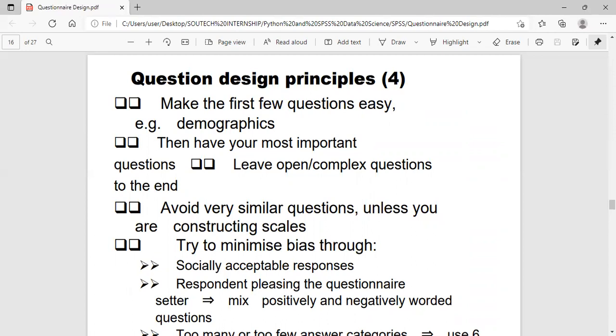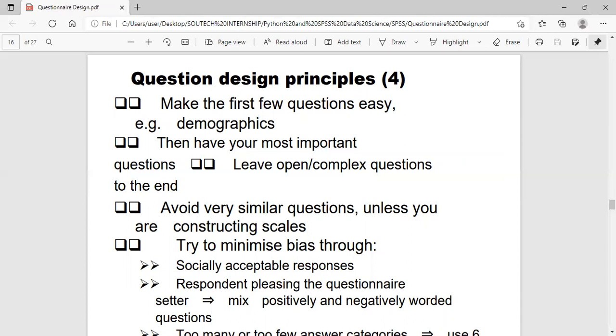What is your name is another demographic question. Next, you have the most important questions. While their attention is still really rapt, they're not getting tired, your important questions are directly under. Then you leave open complex questions to the end. Those text fields all go to the end where they end up writing.